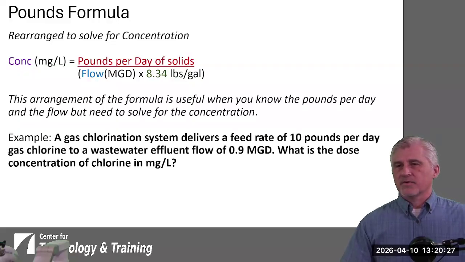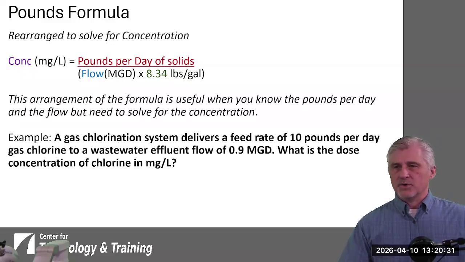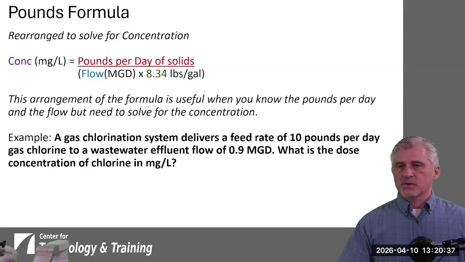So in this case, we've got an example of a gas chlorination system. It delivers a feed rate of 10 pounds per day of gas chlorine to a wastewater effluent flow of 0.9 mgd. What is the dose concentration of chlorine in parts per million? In this case, we know the pounds per day, 10 pounds per day, and we know that our flow is 0.9 mgd.